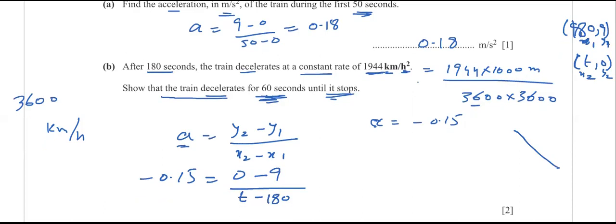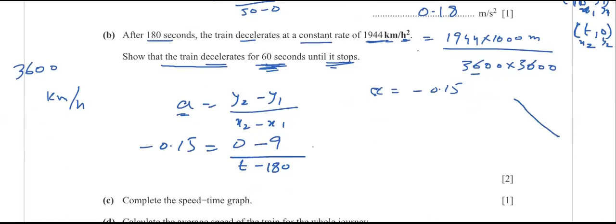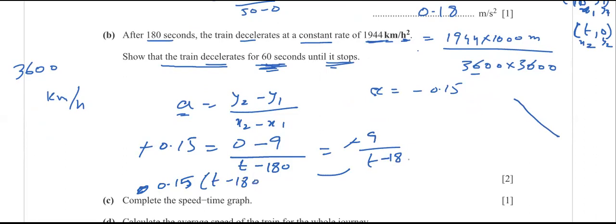So now calculate the time duration for this one. It will become minus 9 over t minus 180. So take this to the other side, it will become minus 0.15. This negative you can cancel with negatives, it will be better. And it will be t minus 180 equal to 9.